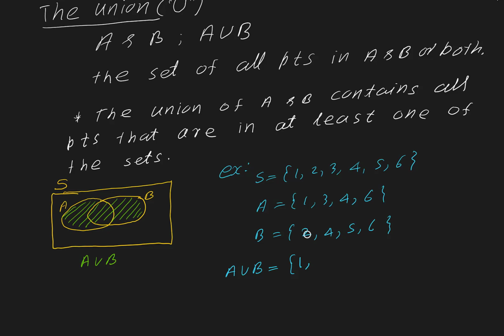Then we have 2 in B, so we write 2, then 3 in A, and 4 we have in both A and B, so we write just 4 once, because elements are not repeated in a set. Then 5 and 6. Here you see A union B is 1, 2, 3, 4, 5, 6. It is the same as S, but it is not always.